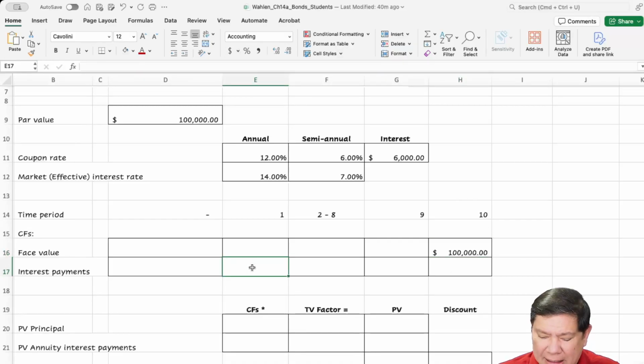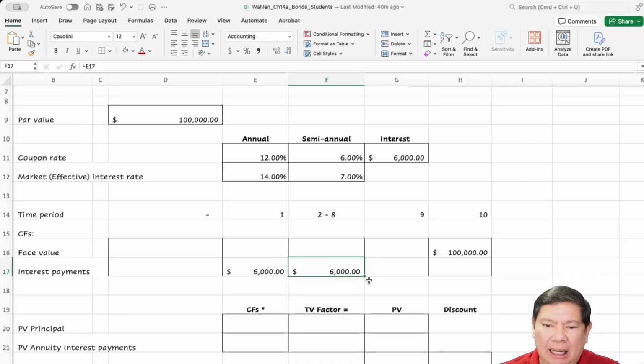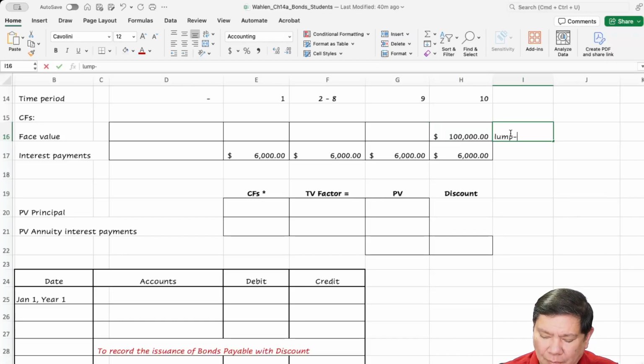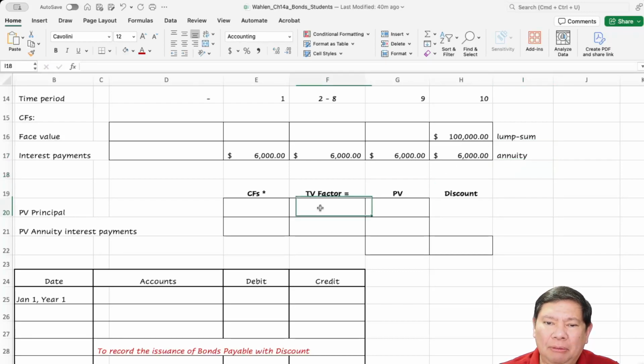And the second one is $6,000 interest payments every 6 months. Okay, so we can just look at these two different cash flows there. This one is lump sum, and this one, the interest, is annuity. So we have to use two different tables.